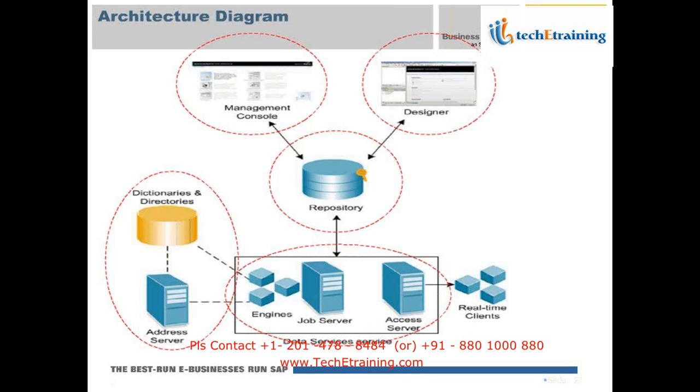And the sole purpose of the repository is to maintain tables so that this entire system runs accordingly, all right? Meaning the job server's information has to be stored at some location. Data, once you go and build your jobs inside the designer, has to be maintained in some tables. And for your management console, which does the administration part, tables have to be populated.